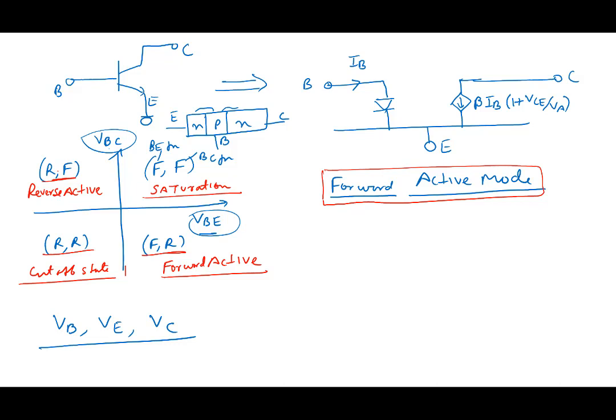Obviously you will not use cutoff, since the device is off and not conducting current, so it's not of interest. So you have forward active and reverse active, and then the properties of saturation. This is the model we have for a transistor in forward active mode: it acts like a diode, and a beta IB current source.